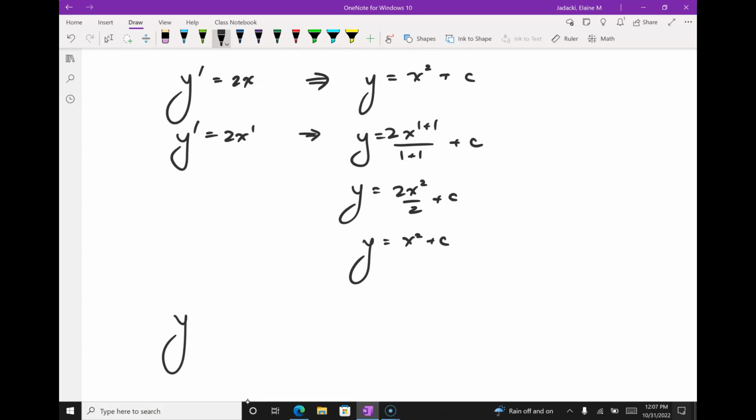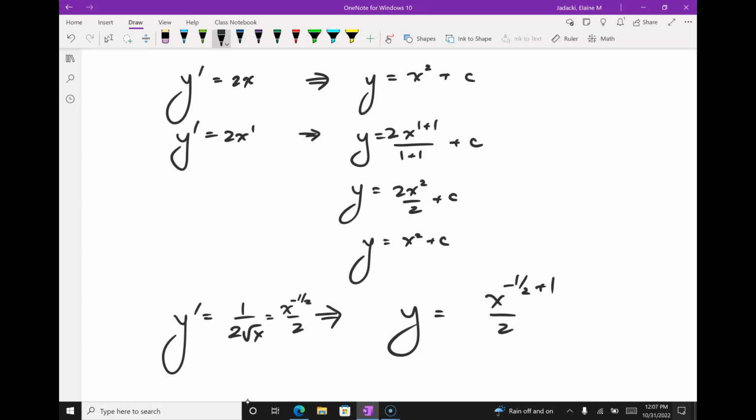So for example, y prime is 1 over 2 square roots of x. Well, that's x to the minus 1/2 over 2, right? Yes, you agree with that? So y, I've got the x to the minus 1/2 all over 2.